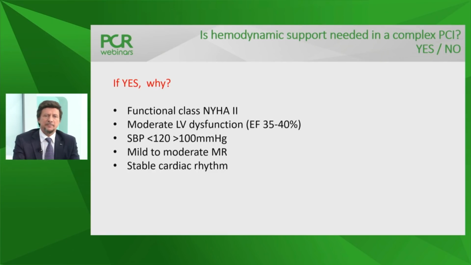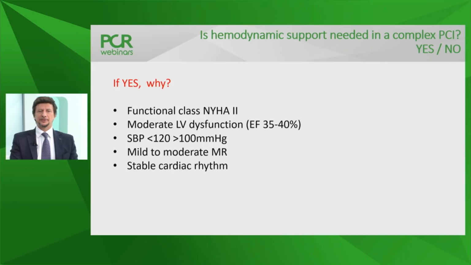Well, we have a specific algorithm in our center, and as you can see, any patient having a moderate to severe dysfunction, which is below 40, 38, 35, anything below 40 will deserve at least a balloon pump.